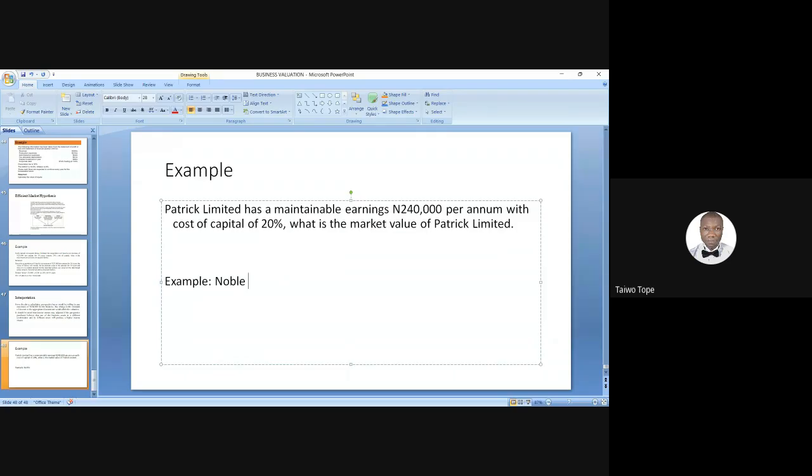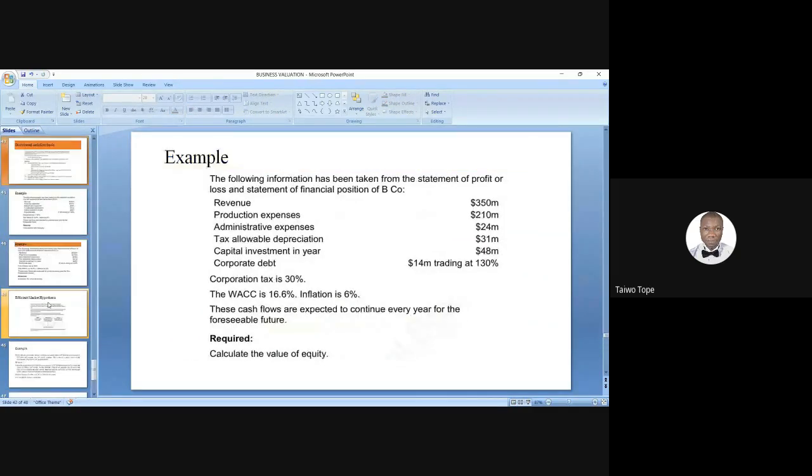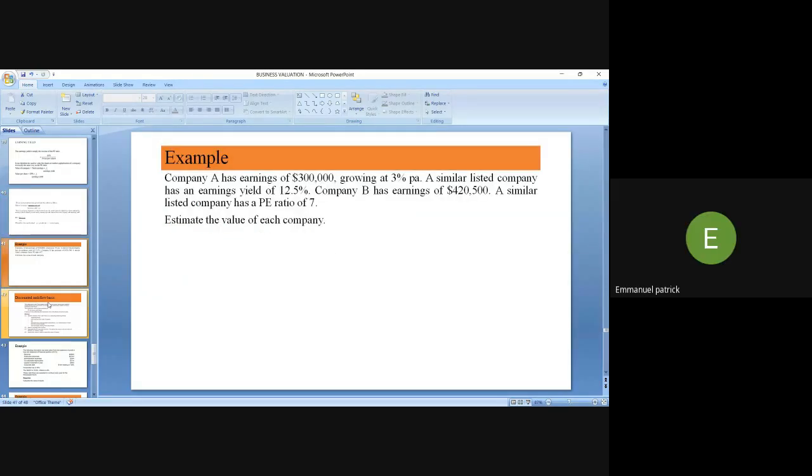This example is related to earnings yield. For earnings yield, the formula is earnings per share divided by current market value per share multiplied by 100.